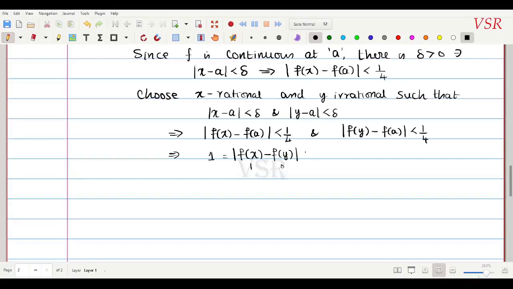This is less than or equal to modulus of f of x minus f of a plus modulus of f of a minus f of y. Note that this value is less than 1 by 4 and this value is less than 1 by 4. So this is strictly less than 1 by 4 plus 1 by 4, which is 1 by 2. So we have 1 strictly less than 1 by 2, a contradiction.